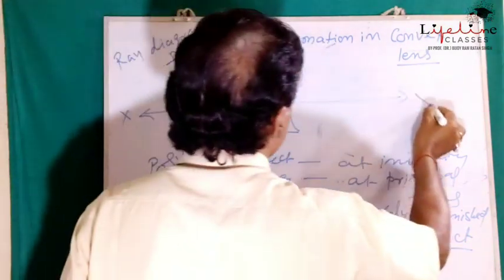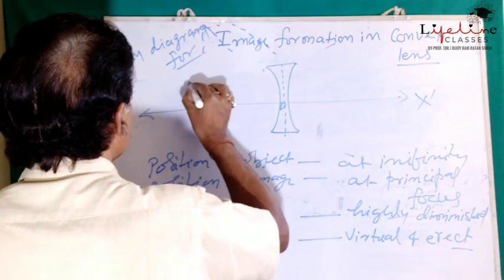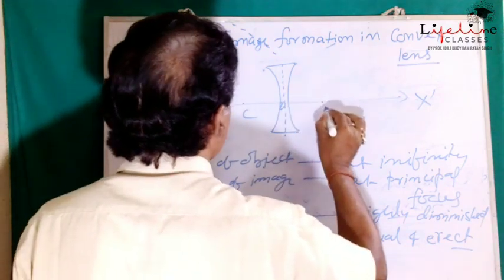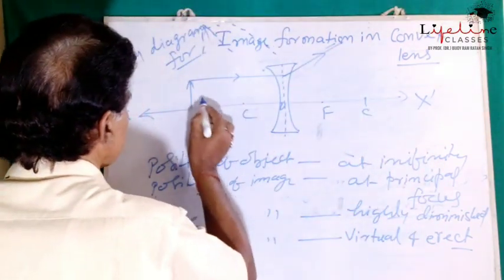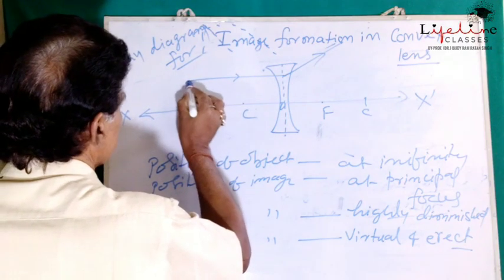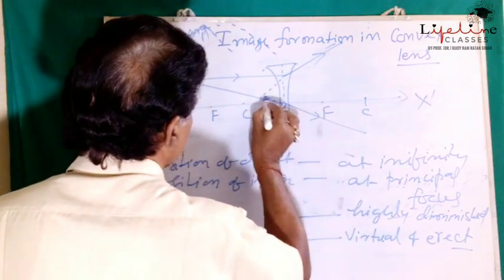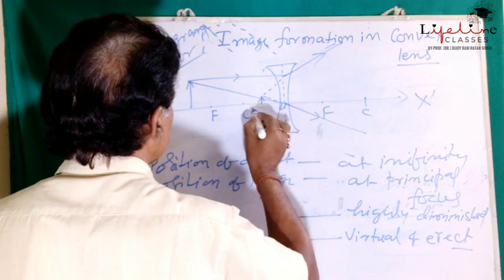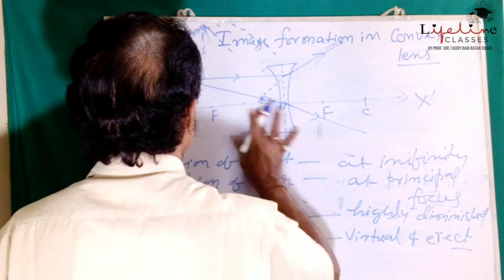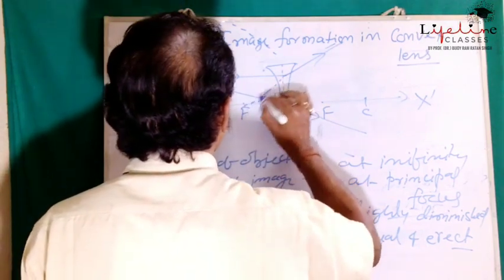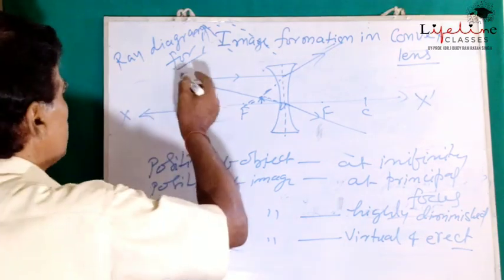See here, now let us come F, C. So see here, suppose object is placed beyond center of curvature AB.